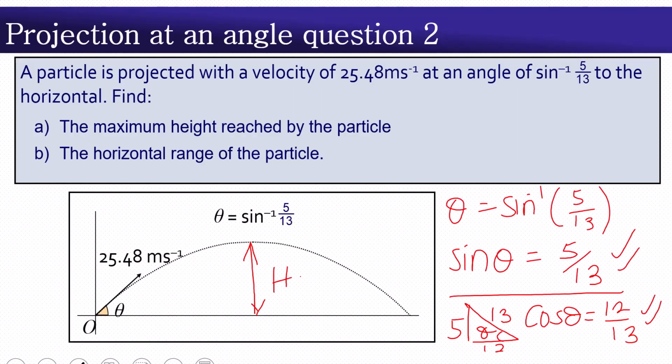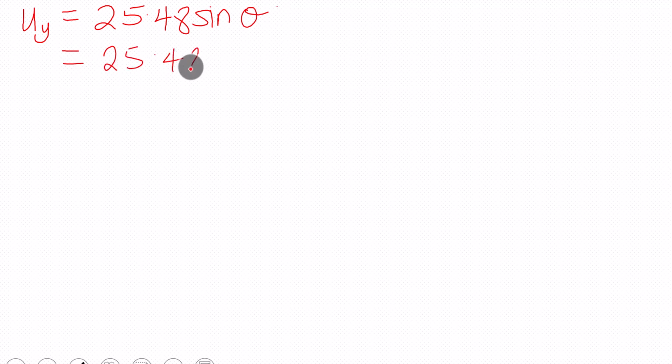For u in the y, we have it as our velocity was 25.48, and then sine of theta. So this becomes 25.48 times sine of theta, which is 5 out of 13, so you can keep it like that.